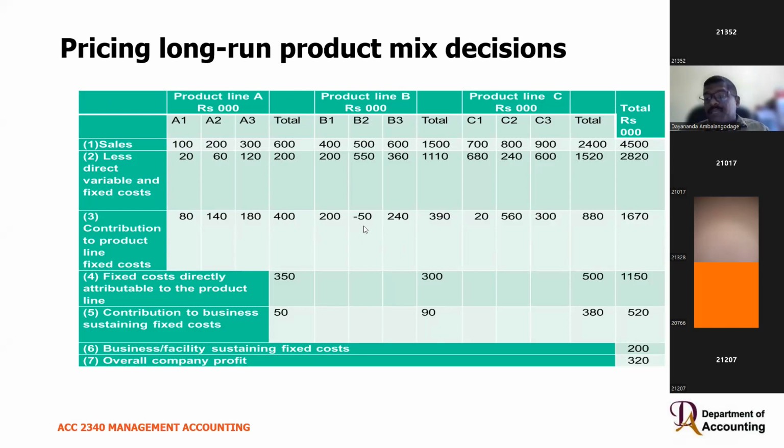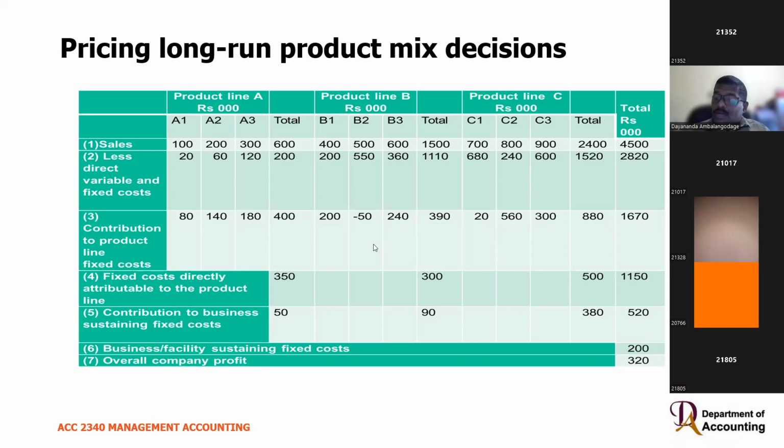But looking at the price information, your product mix for product line B has to be B1 and B3, not B2. That is the product mix you plan. But before finalizing the decision, before dropping product B2, you need to consider more information. You have to discuss with your marketing team, your production team, and your other accounting teams. You have to have very good, excellent, fruitful discussions before stopping the product.